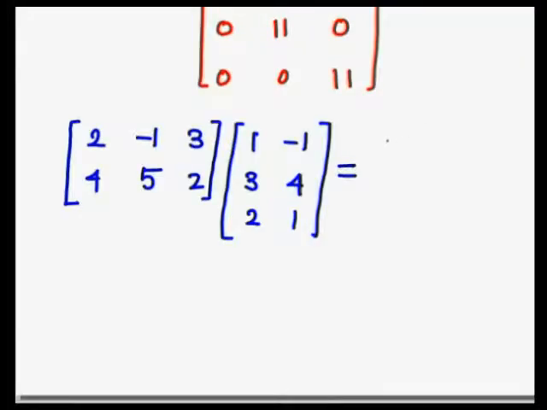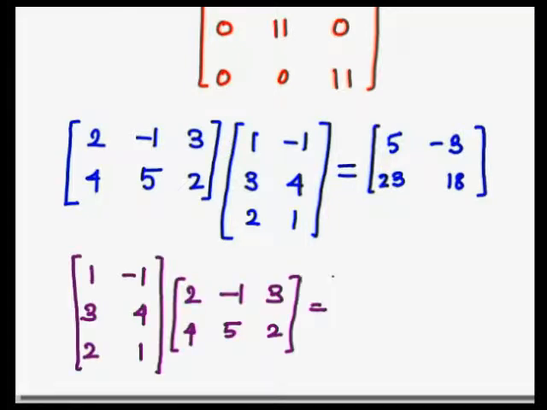If we multiply two such matrices, we will get a 2 by 2 matrix. If we interchange the order of these matrices, what will the resultant be? We will study in this video whether it is the same as the previous one or different.